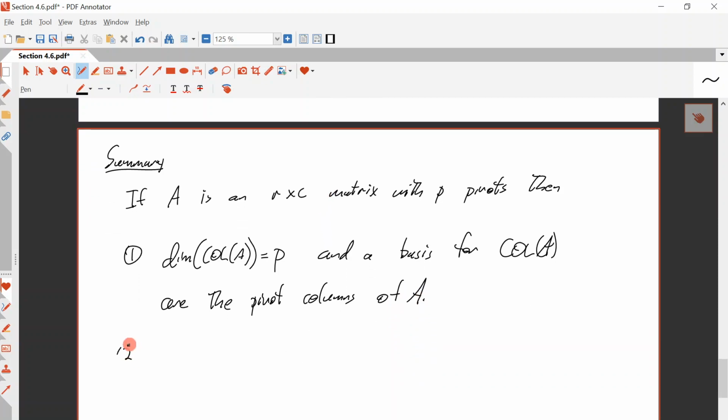2. The dimension of the row space of A. Well, let's do it this way.